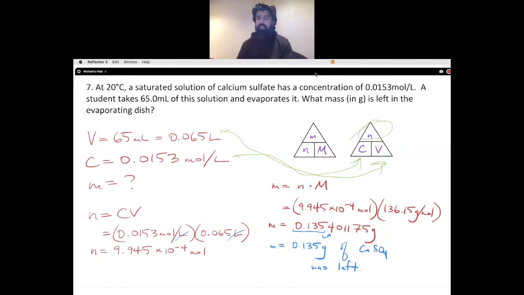So we're trying to find our N value. Once we find our N value here, we then substitute it into this equation here with our molar mass, provided that you know how to put together the formula for calcium sulfate. So there is the molar mass of calcium sulfate.